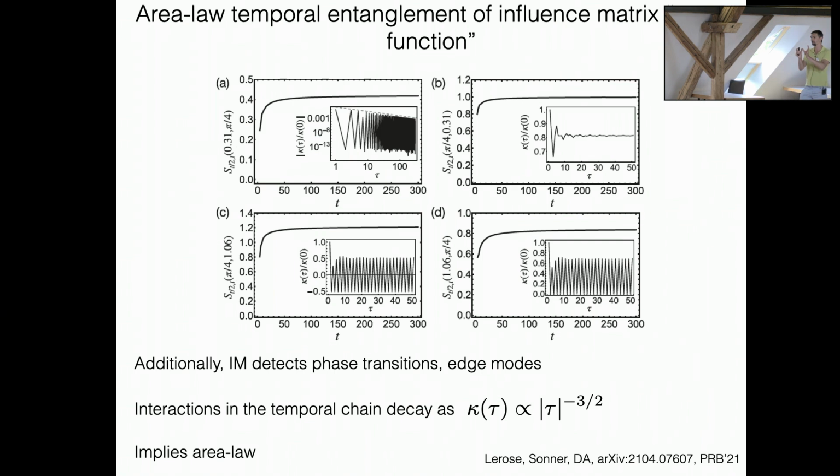So when you think about the kind of bath that your spin chain is, there is an edge mode which is always there, and you remember that, but that of course does not make it a significantly more complicated object. So that's another nice thing. For non-interacting models and a broad range of initial states, temporal entanglement obeys an area law. So it tells you it is a simple object to encode.